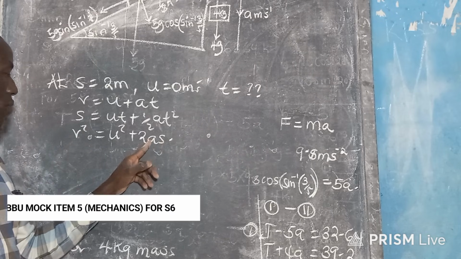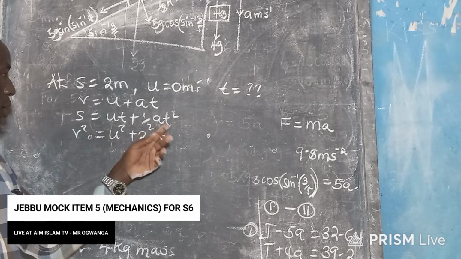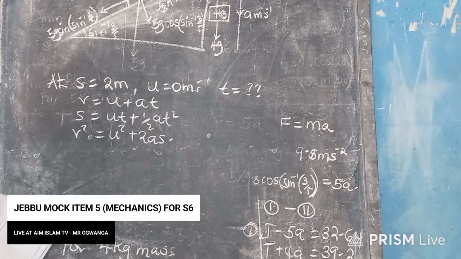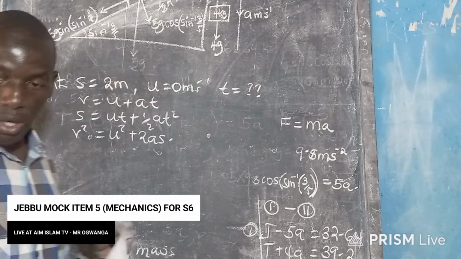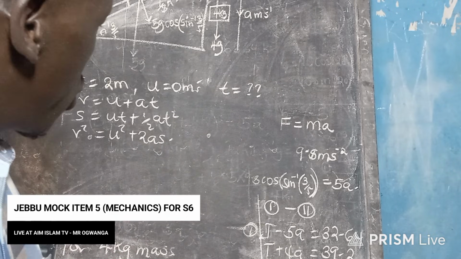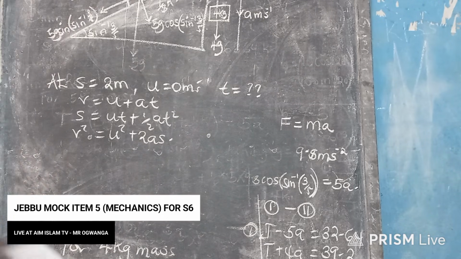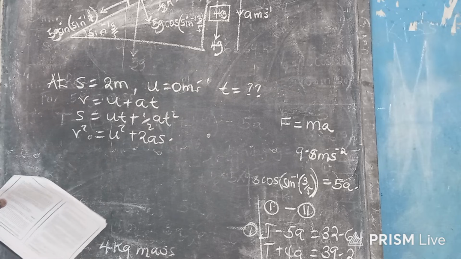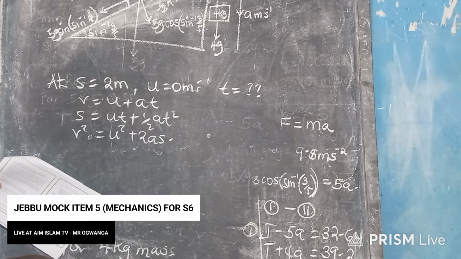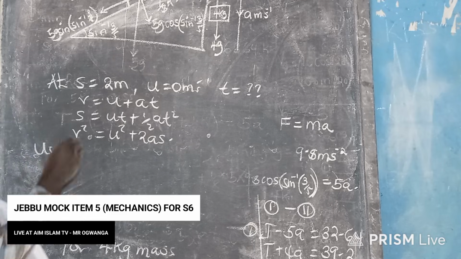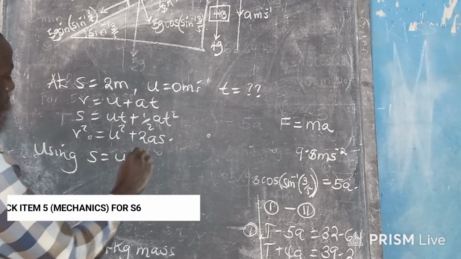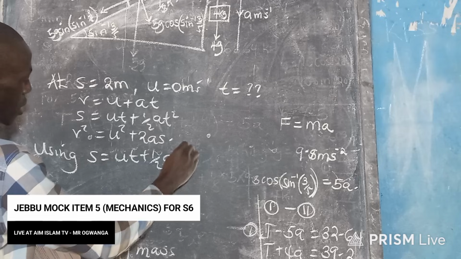We have the distance, we have this, and we have this, but we are looking for time. Meaning that the most appropriate equation we can use here is the second equation of motion, that will be s equals ut plus half at squared.